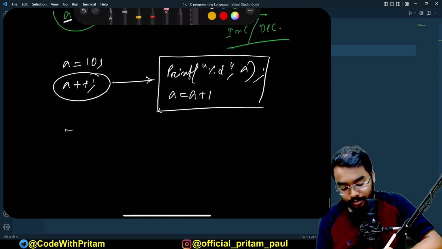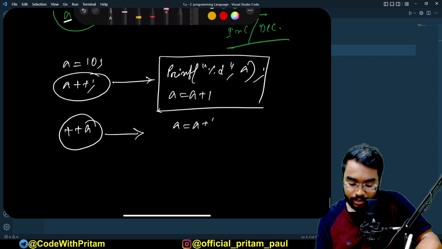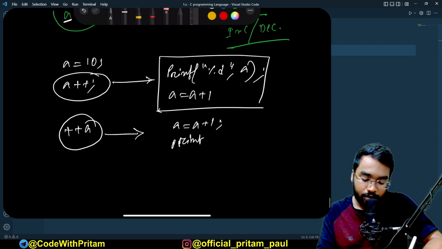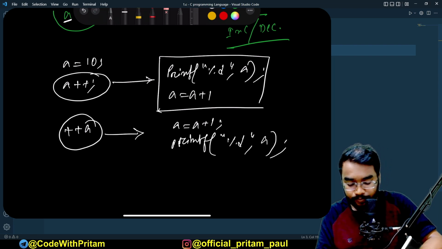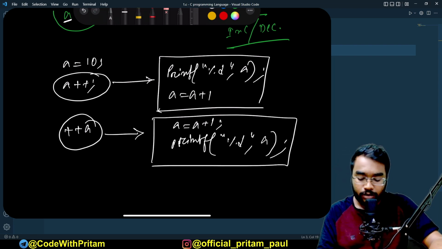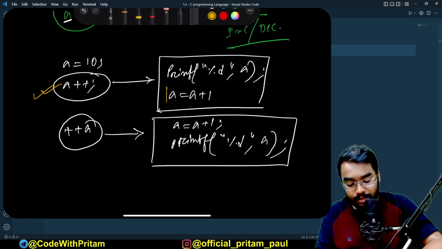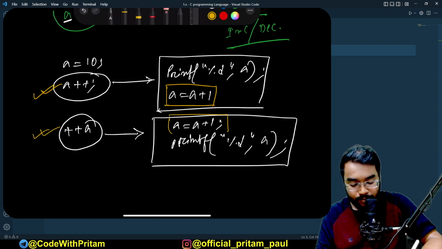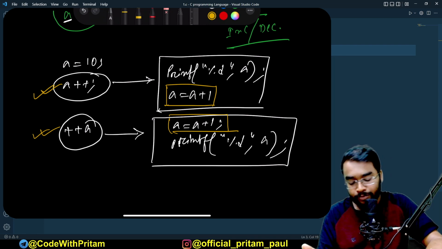If I write plus plus a, then a equal to a plus 1 and then printf %d a. So a plus plus means the increment is done later, and plus plus a means the increment is done earlier, after and before the printing. This is very simple.